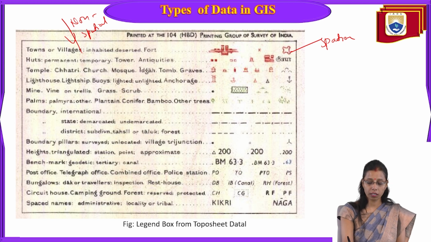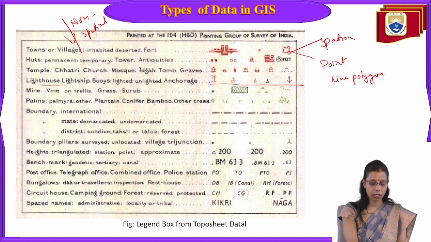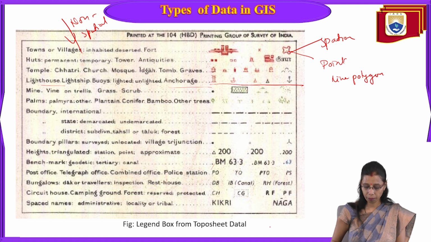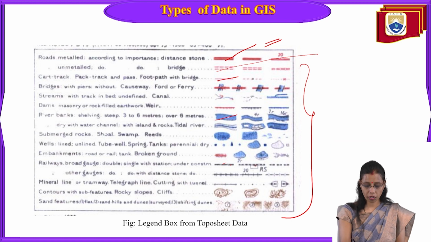Okay. So this information is shown in the form of either point, line, or polygon. You can see here for points it shows lighthouse, lighted, unlighted. All this is shown as point features. And here, if you see, these are all polygon features and linear features shown in the legend box.